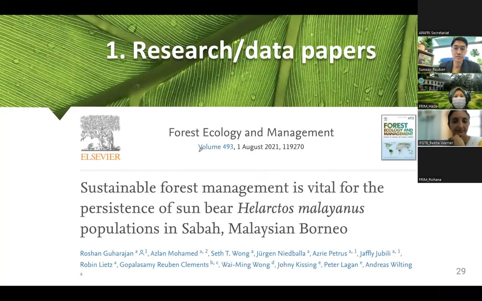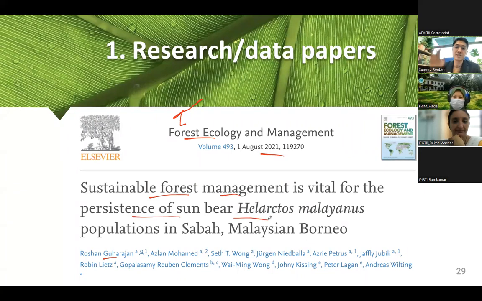If we're talking about publications, for example, this is a paper we recently published in the journal Forest Ecology and Management. I've noticed that a lot of you here may not have published in this journal before, but it's quite a decent journal. In this paper, my colleague and I showed that forest management is vital for the persistence of the Malayan sun bear.